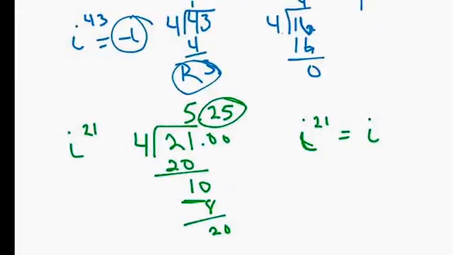Now, to start simplifying, we're just going to touch on this a little bit in this section. In this video, we're just going to introduce it. First thing that I want you to know is that when we are simplifying complex numbers, we follow our order of operations.